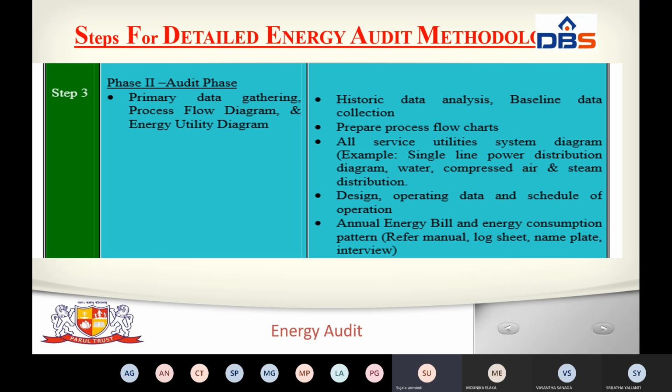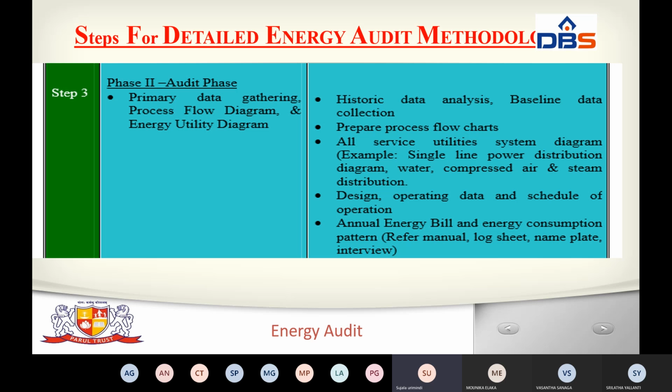Under that, phase 2 is the audit phase. Once the pre-audit phase is over, it goes to the audit phase. So what is the plan? Primary data gathering, process flow diagram and energy utilization diagram. And what are the results?